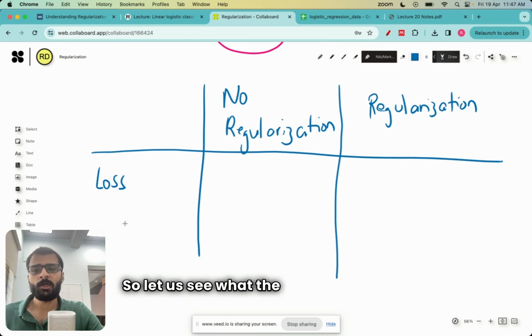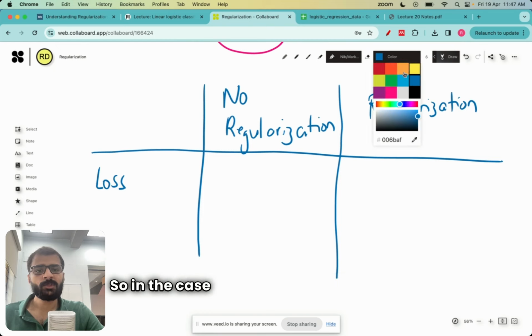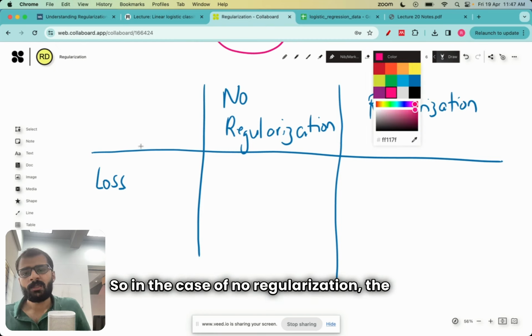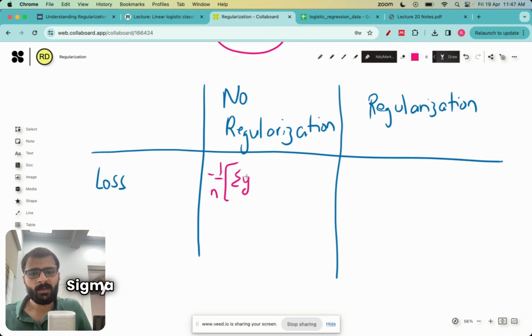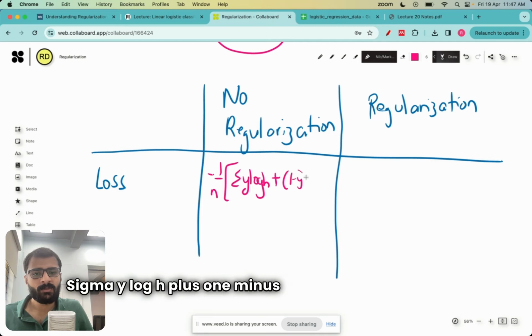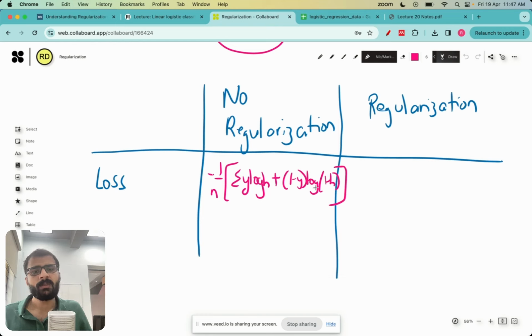So let us see what the loss will look like. In the case of no regularization, the loss looks something like this: minus 1 by n, as we saw, this is the cross entropy loss, sigma y log h plus 1 minus y into log of 1 minus h. Correct?